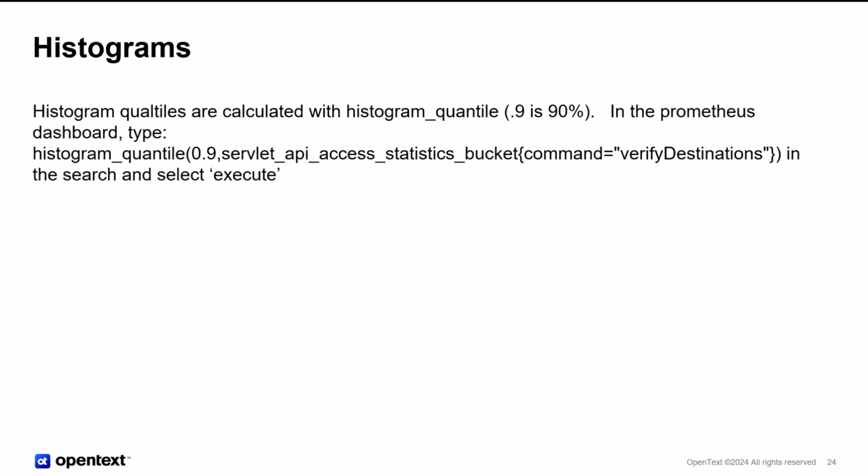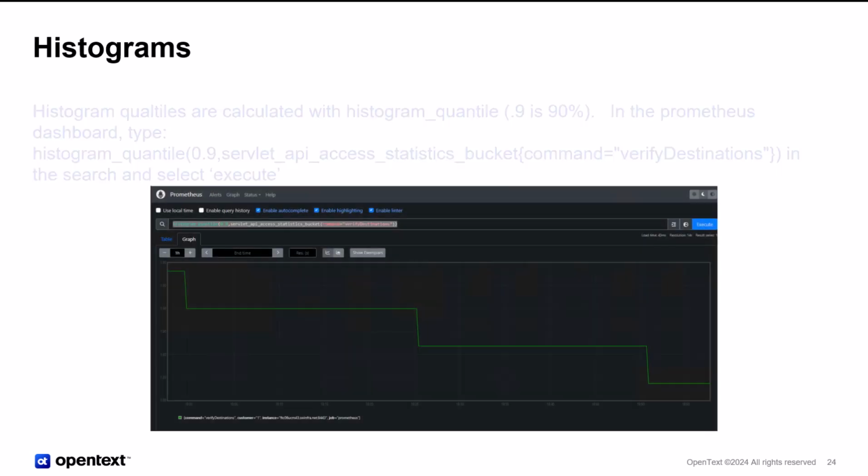Sometimes for histograms, we're looking for quantiles. For example, the 90th percentile of data. To see that, then you can use the histogram_quantile and use the same metric that we used before and execute. And then you'll see a rate of the 90th percentile.